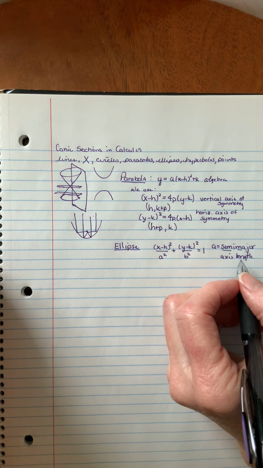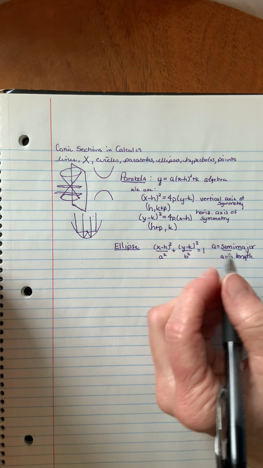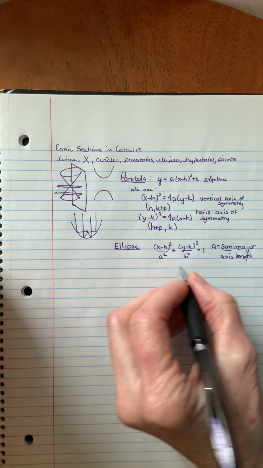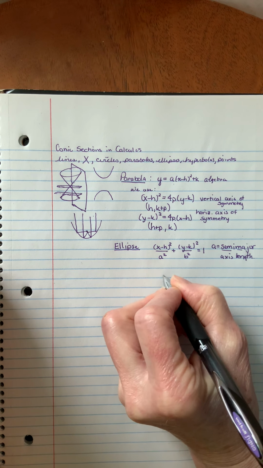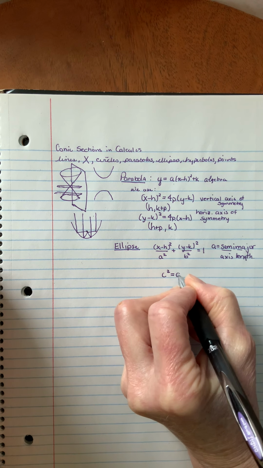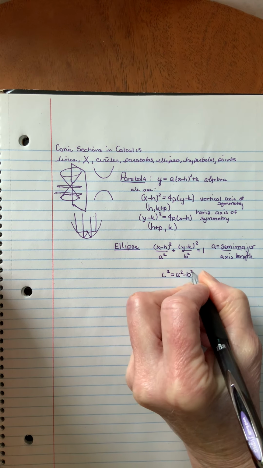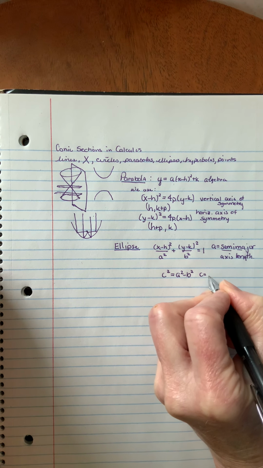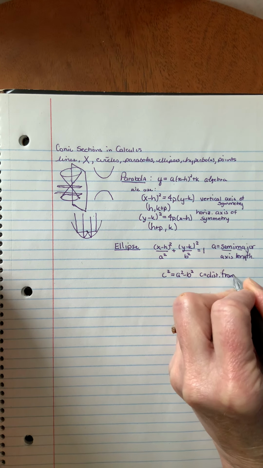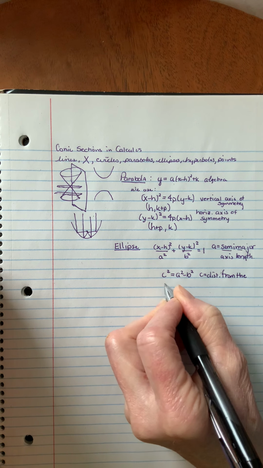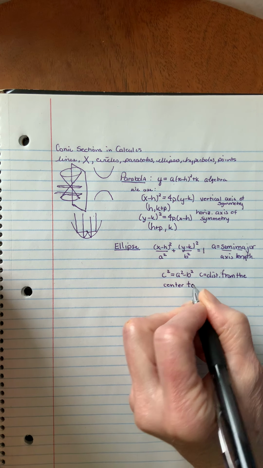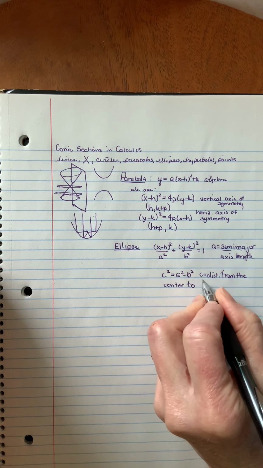So half of the longer axis. And there is a value called c, and c is related to this in terms of this. c squared is equal to a squared minus b squared, and c is equal to the distance from the center to the focus.